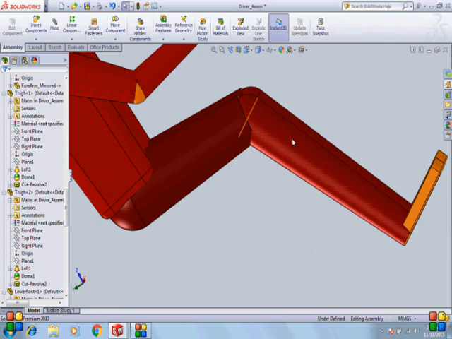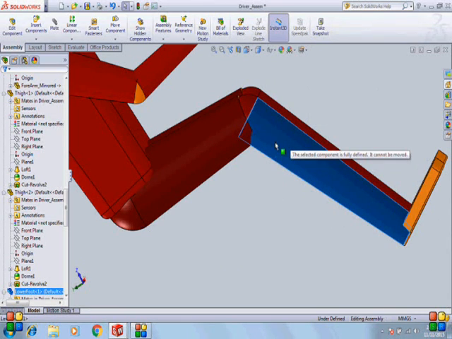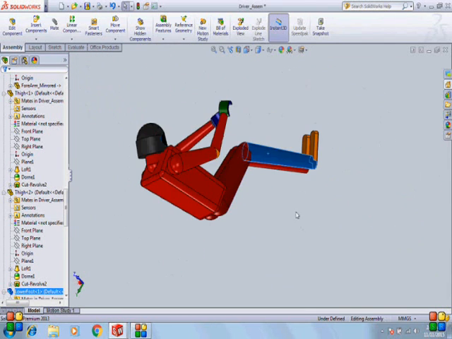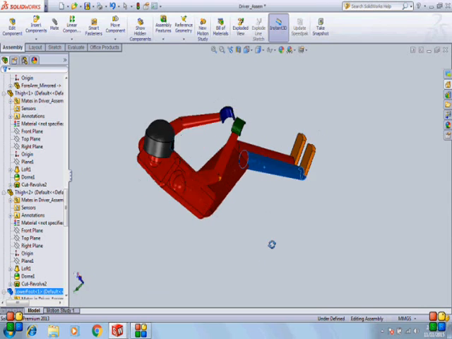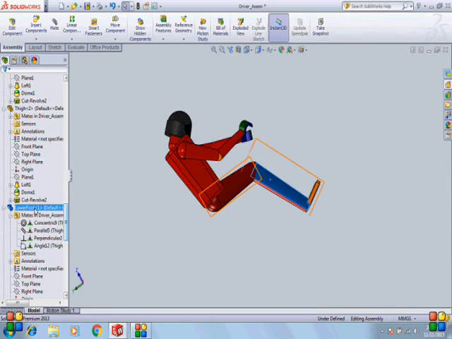Now if I try to move it, the selected component is fully defined. So I have defined the entire component so it cannot move. My driver is sitting in a predefined position which I have decided for any particular car that I am working on. So if I go into this part, lower foot, I see that there are 4 kinds of mates that I have given.